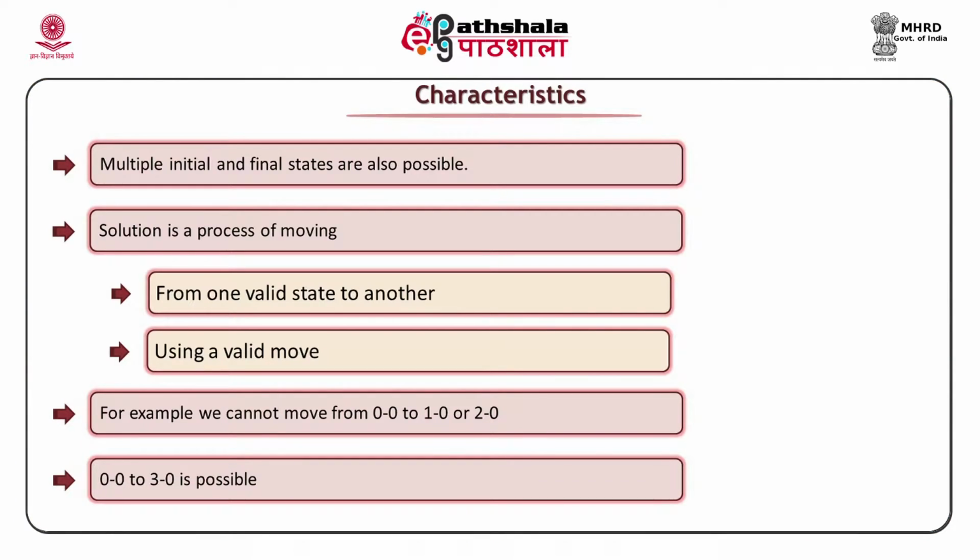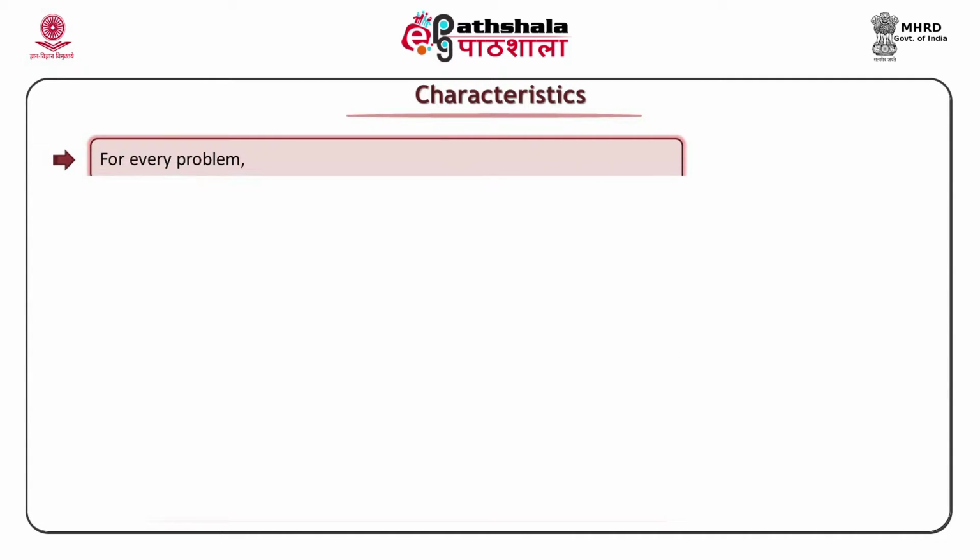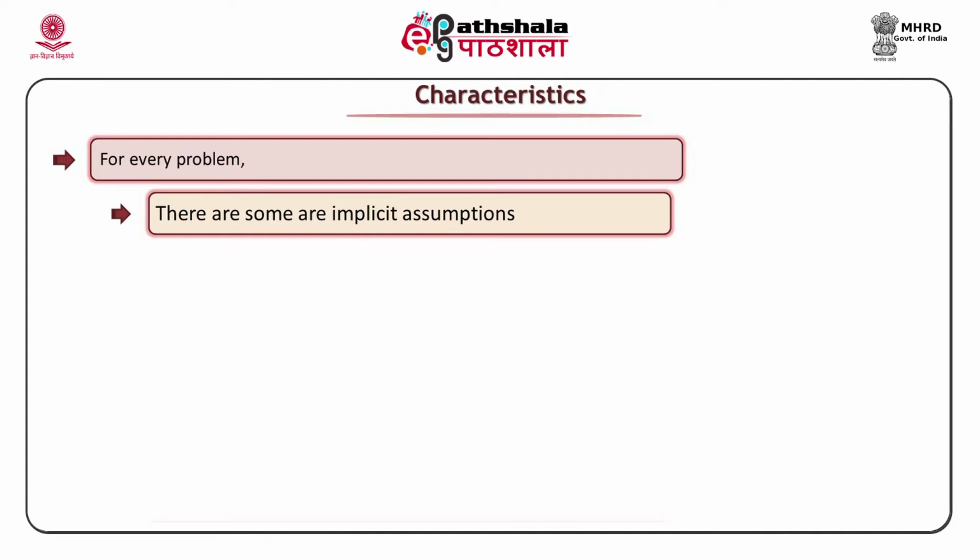In the other case, can you have the 4-gallon water jug with 3 in the beginning? You cannot, it is impossible because we do not have a measuring device. So 0 0 to 3 0 is impossible. This is again an example of an invalid move. Not only that, for every problem we take, there are some implicit assumptions. For example, when I am dealing with this most trivial of problems, we have some implicit assumptions.